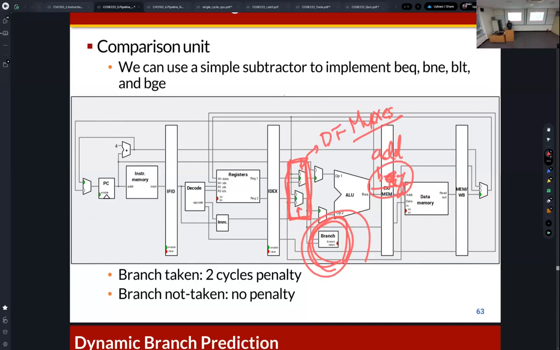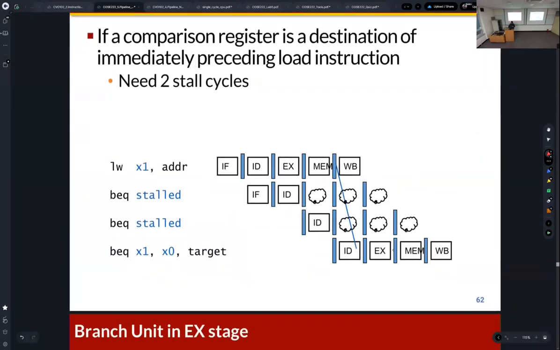But in this case, if the branch is taken, the control hazard is equivalent to 2 cycles, because once the branch is in the EX stage, we can fetch the new correct instruction. If the branch is not taken, there is no penalty. It's the same actually. That's why I don't like this design.